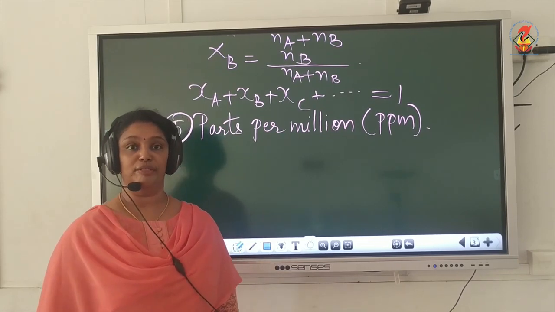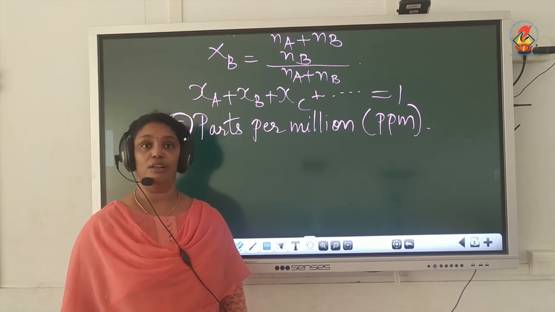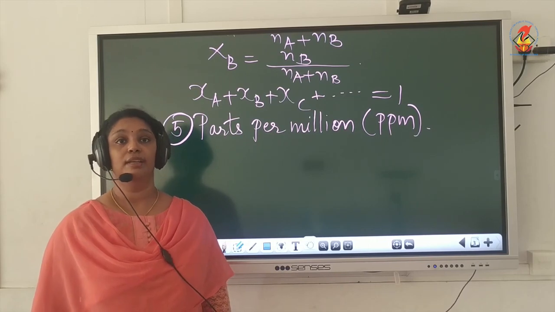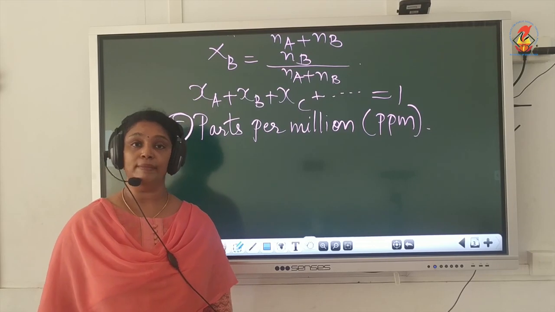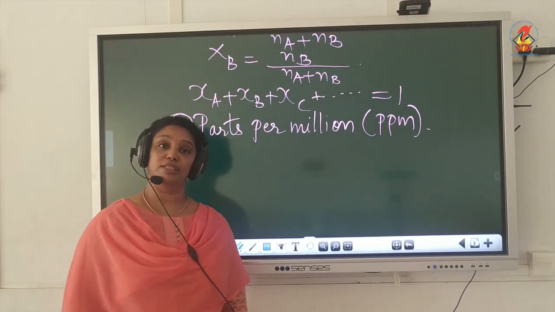Now ppm definition is, ppm is the mass of solute dissolved in 1 million parts by mass of solution. Parts per million is the mass of solute dissolved in 1 million, that is 10 raised to 6 parts by mass of solution.